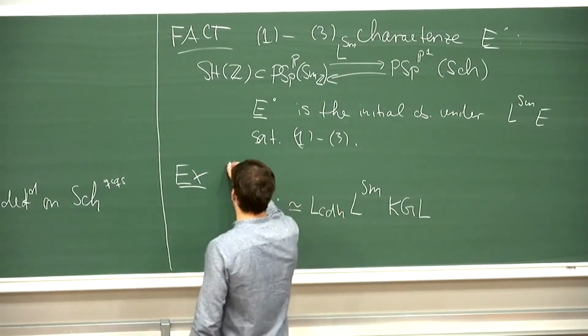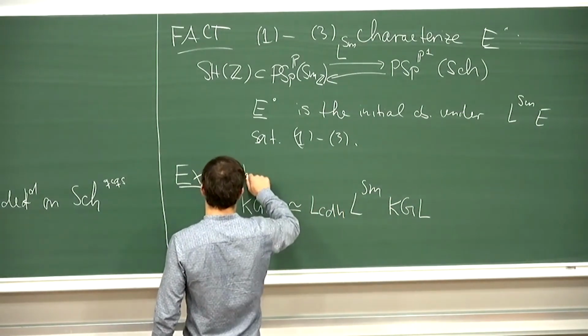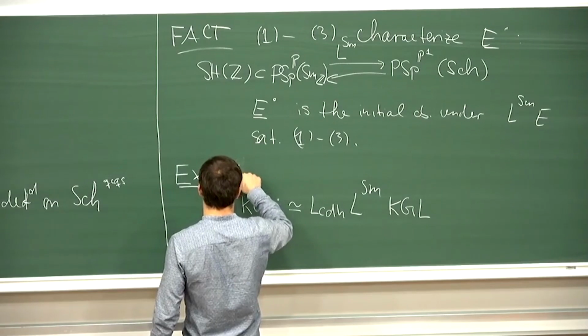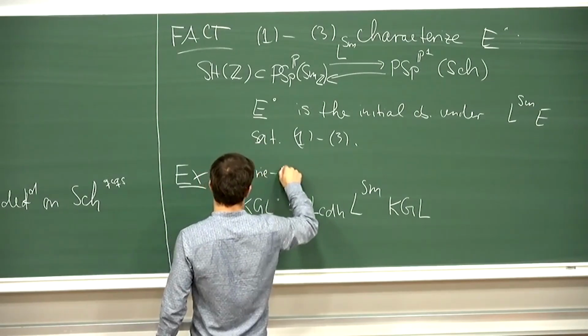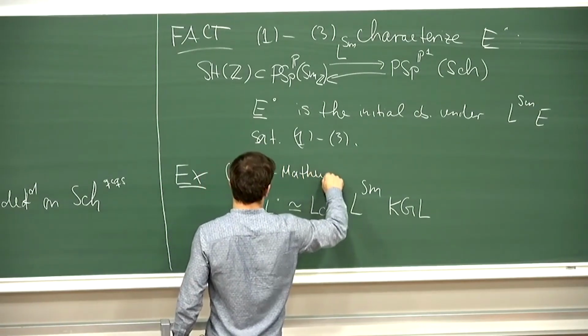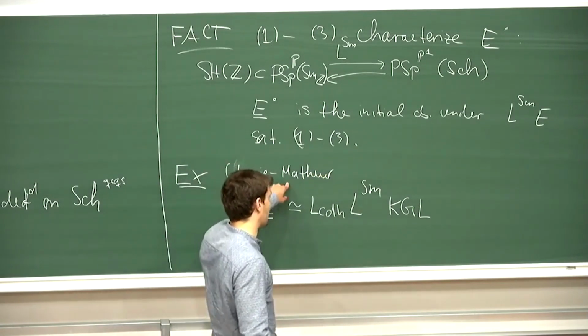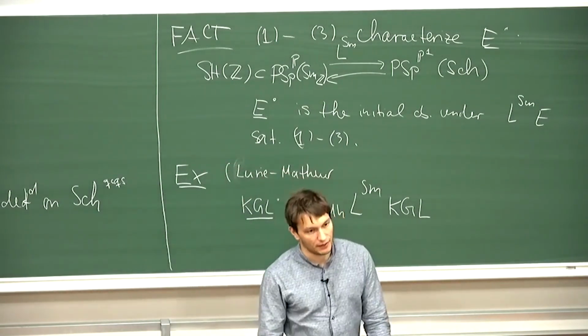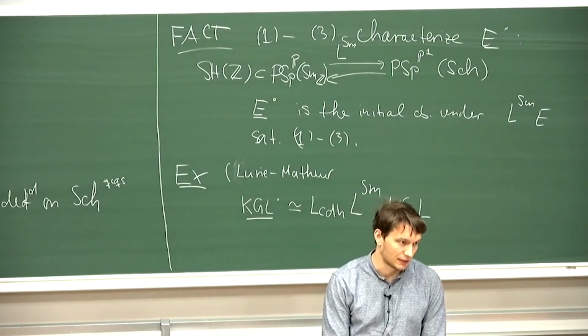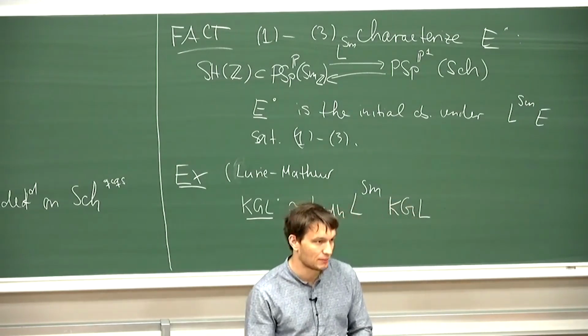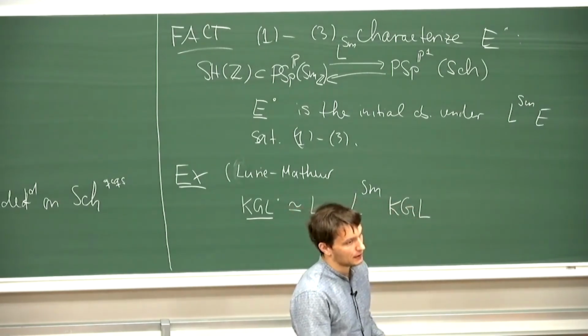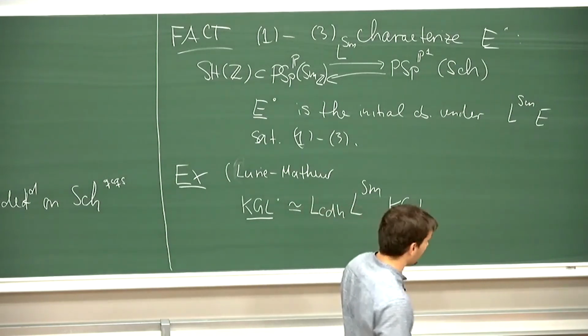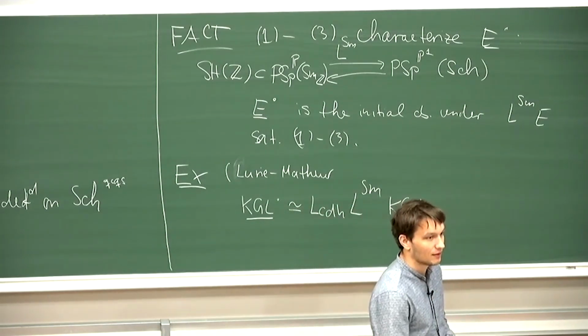So I guess I will put here Bart Lurie. No, wait, I want to put Lurie Matthew. And so what I mean by this reference is the fact that if you take connective K-theory and you left Kan extend it from smooth affine schemes to affine schemes, you get back connective K-theory. Apparently that's a fact. And then, is it Bart Lurie?